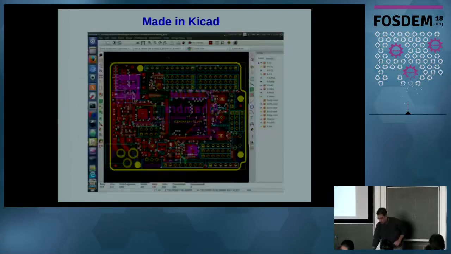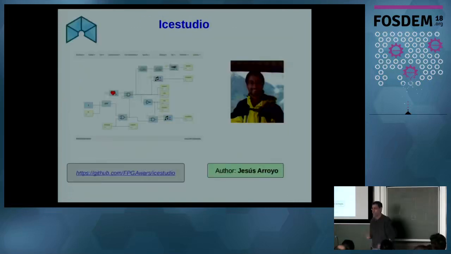This tool was designed in KiCad. It's open source, and everything is available in the GitHub repository, so you can check all the details, design files, manufacturing files, whatever. The other tool is Icestudio, which Jesus has already presented to you. This is the tool we are going to use to represent the schematics and then synthesize the hardware.